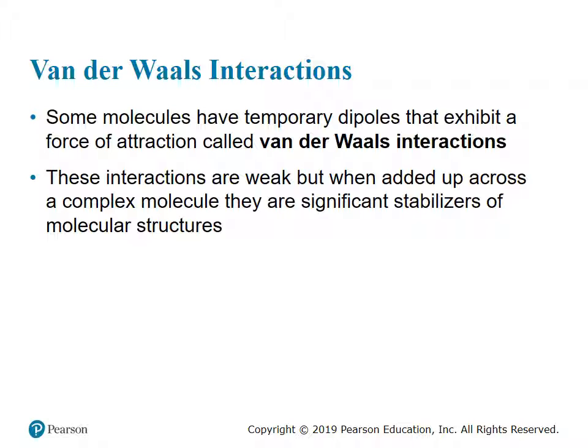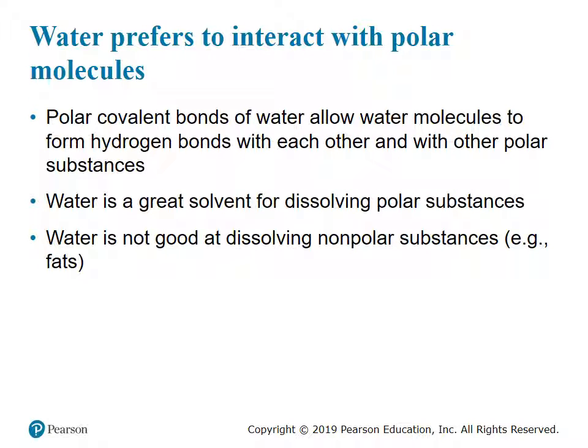So when we talk about van der Waals interaction, this basically means that when we have these polar covalent bonds forming in molecules, that attraction from one molecule to another forming these hydrogen bonds is what we call van der Waals interaction. Water itself does this with other water molecules. Okay?